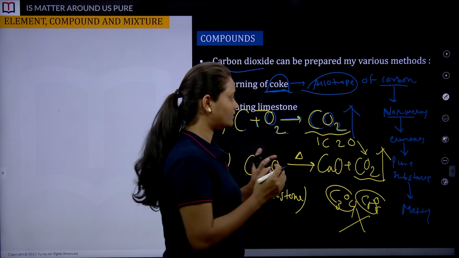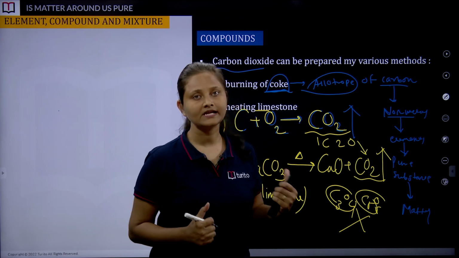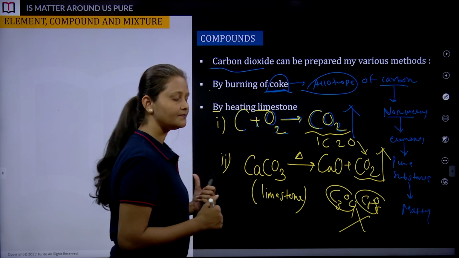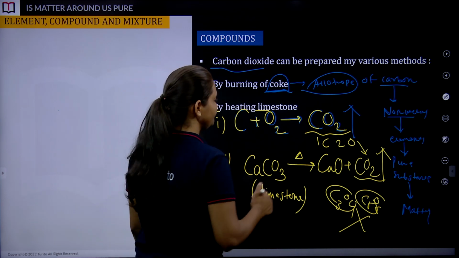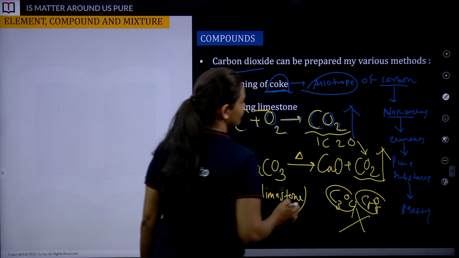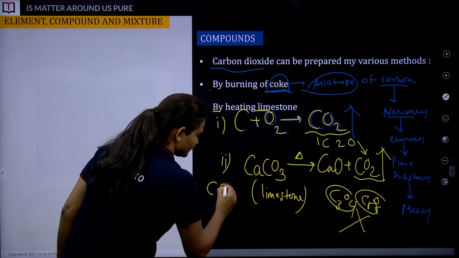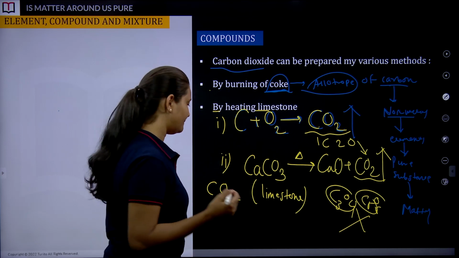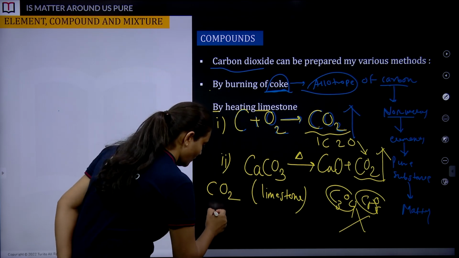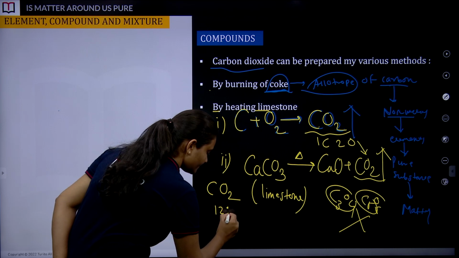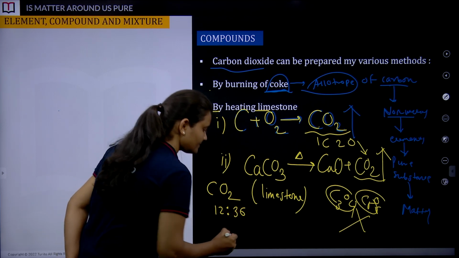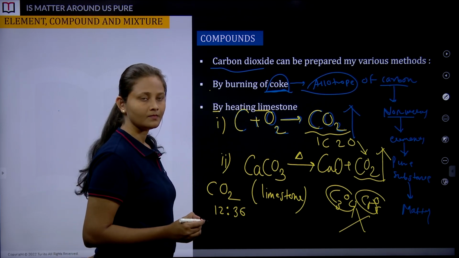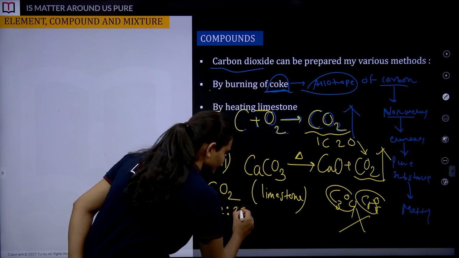Okay, that is my motto, to make you understand this point. Correct? So here CO2, I am writing it again. Now if I want to see its ratio by mass, by weight, how? 12 is to 36. Okay, correct? Oops, 32.